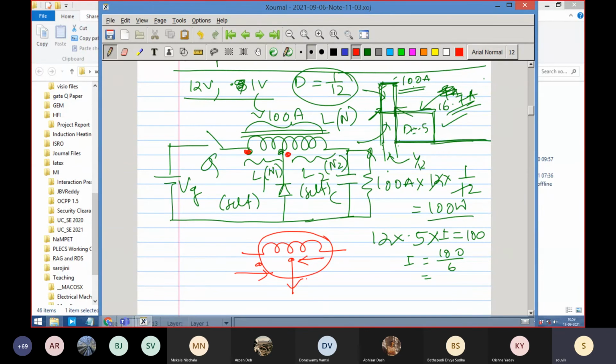So we'll try to analyze this converter in the next class and see how they improve the duty ratio of the converter. When I'm doing this analysis, I must understand that I'm doing it for the buck converter. I will not do similar analysis for a boost converter or any other converter, because I am trying to teach you the principle of operation, how to look at a coupled magnetic circuit and understand it.